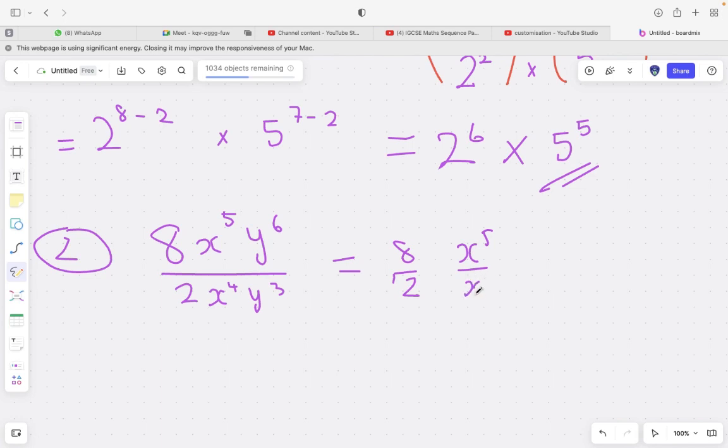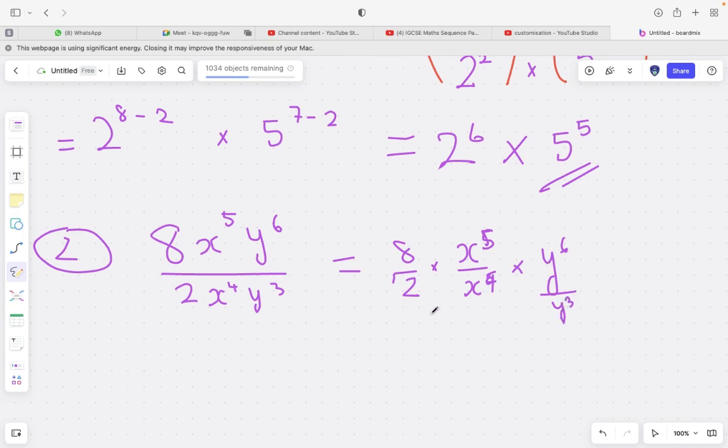The numerator is x to the power of 5 over x to the power of 4. Here you can put multiplication sign. Times y to the power of 6 over y to the power of 3.